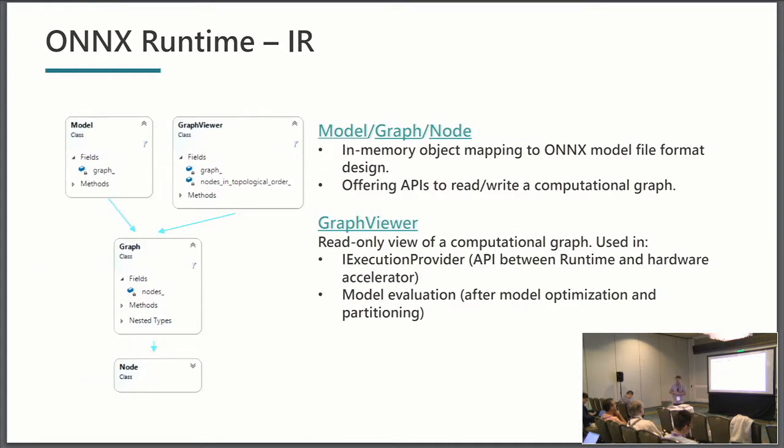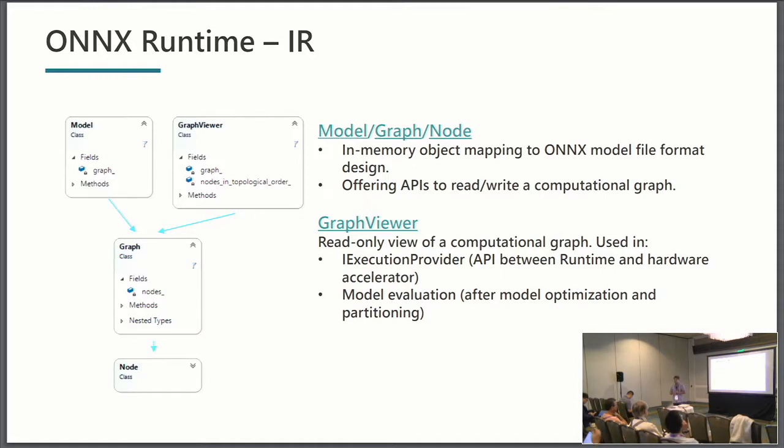So here is the IR in the ONNX Runtime. Basically there are three structures. One is model, the second is graph, and the last is node. It is an in-memory object mapping to the ONNX model file format. It offers APIs to read or write the computation graph. Besides, we have a structure called graph viewer.